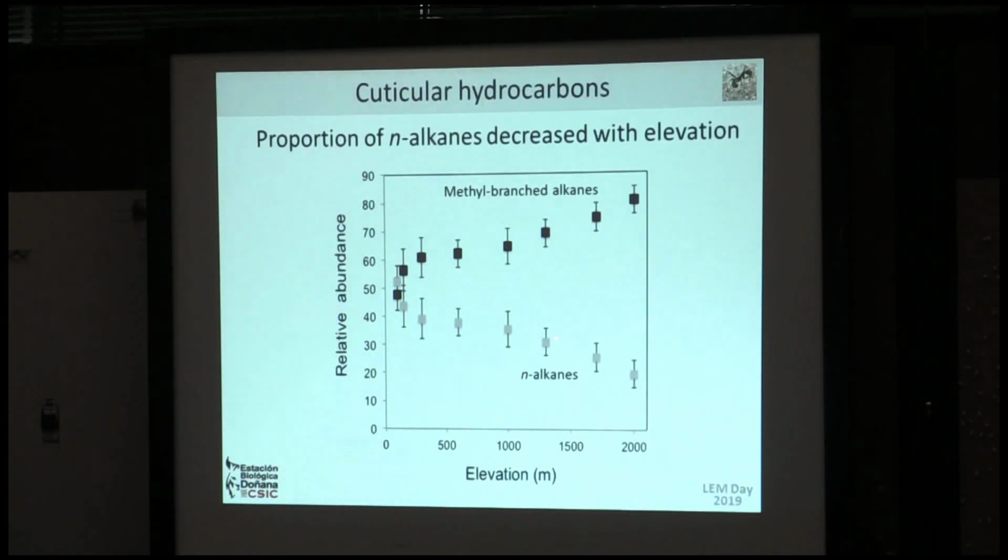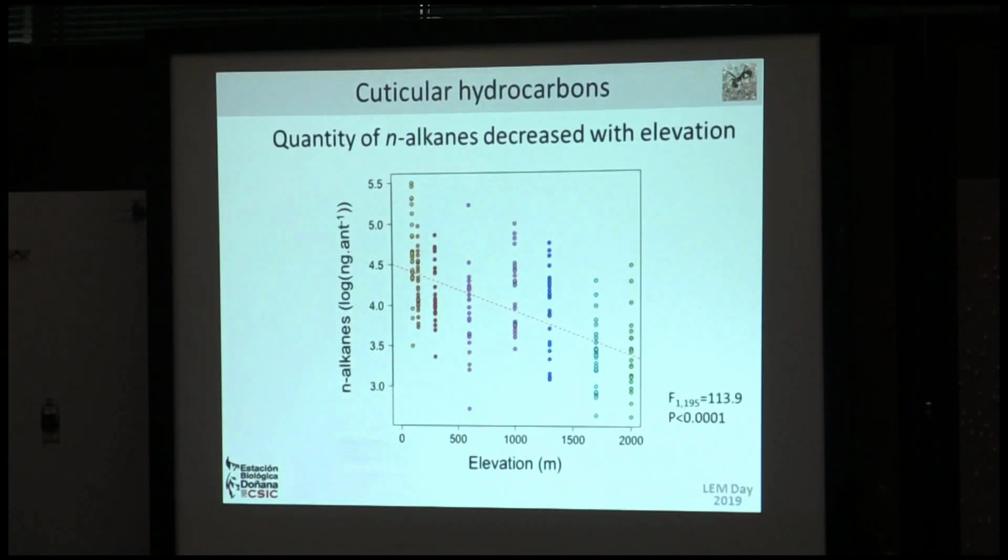Because these alkanes are expensive to produce for the ant, and at the same time, in these high altitude populations, they don't need these alkanes to protect against heat, because these populations are cooler, and they don't need this enormous quantity of n-alkanes, and they have only methyl-branched alkanes.